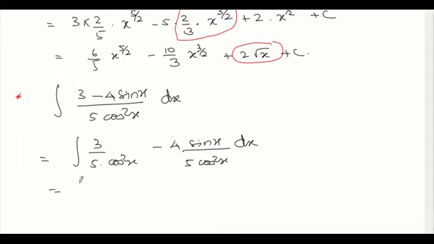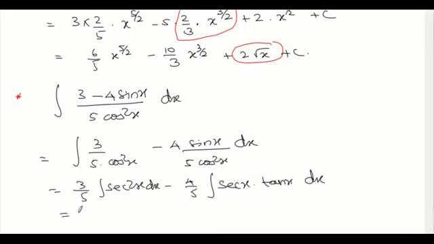Taking 3 by 5 out, integral secant square x minus 4 by 5 integral. I am just splitting the integration here. 4 by 5, sin by cos is tan, 1 by cos is secant, so it can be written as secant x into tan x dx.